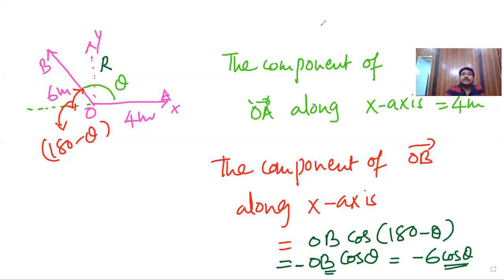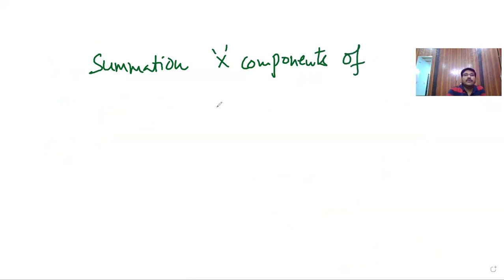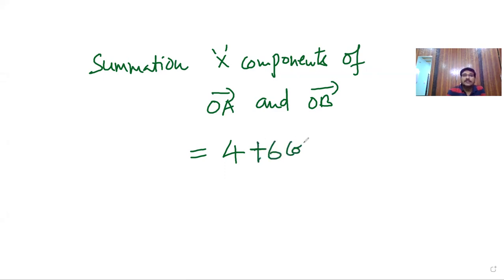Now, the summation of all the x components of OA bar and OB bar is 4 meters towards positive, and minus of minus, it is plus 6 meters cos theta. Have that clarity, don't get confused here.